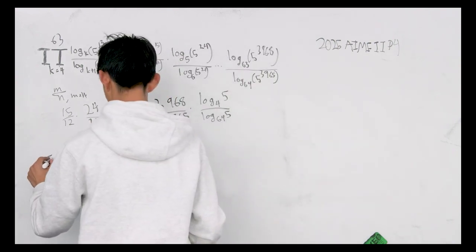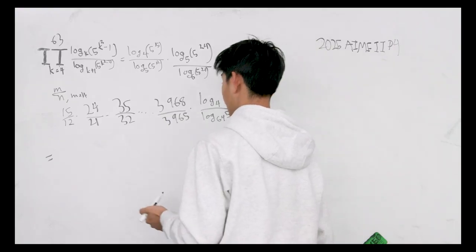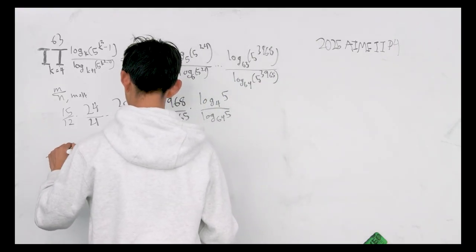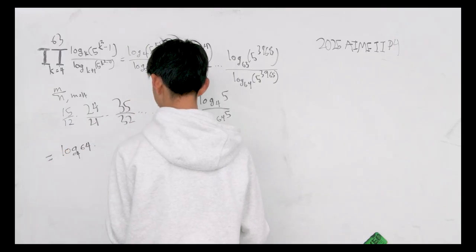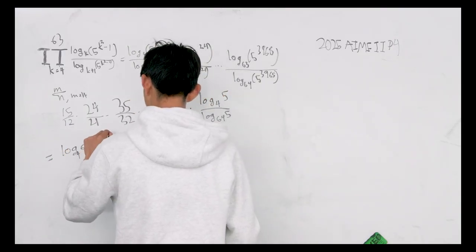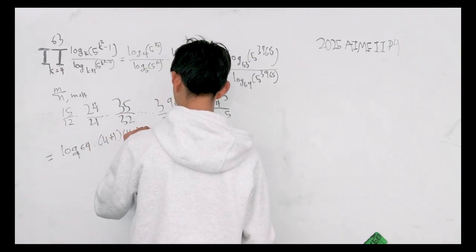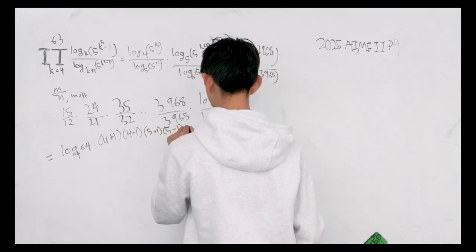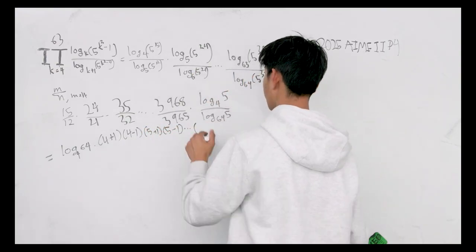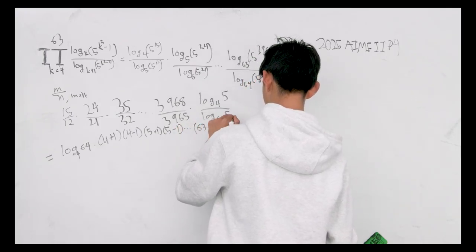This simplifies to log base 4 of 64 times 4 plus 1, 4 minus 1, 5 plus 1, 5 minus 1. And this pattern keeps occurring until the last term, 63 plus 1, 63 minus 1.